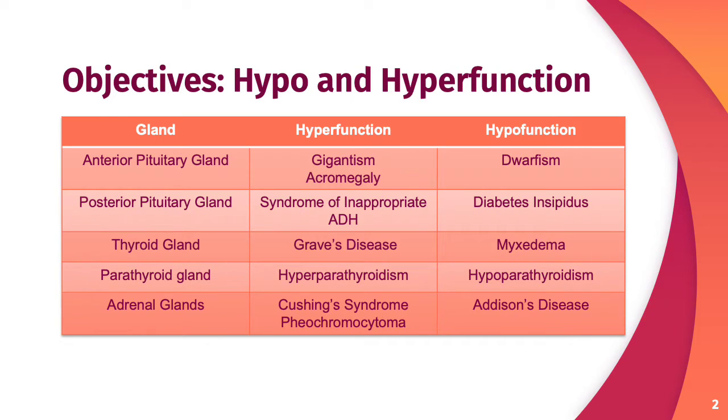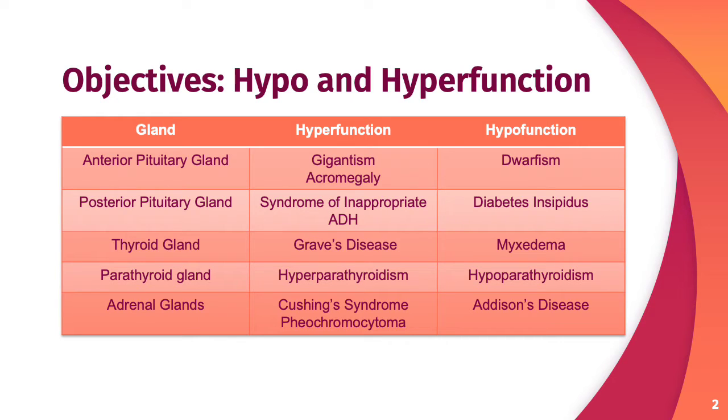For the anterior pituitary gland, the hyperfunction would include gigantism and acromegaly. Its hypofunction is dwarfism. For the posterior pituitary gland, the hyperfunction would include the syndrome of inappropriate antidiuretic hormone. We also have the hypofunction, which is diabetes insipidus.